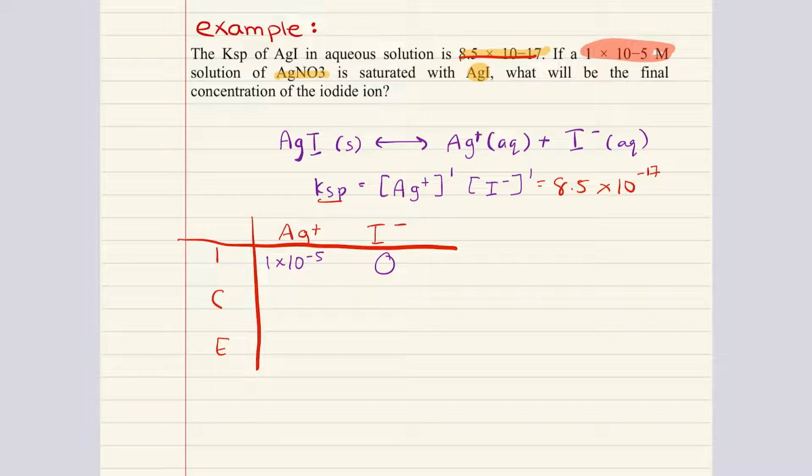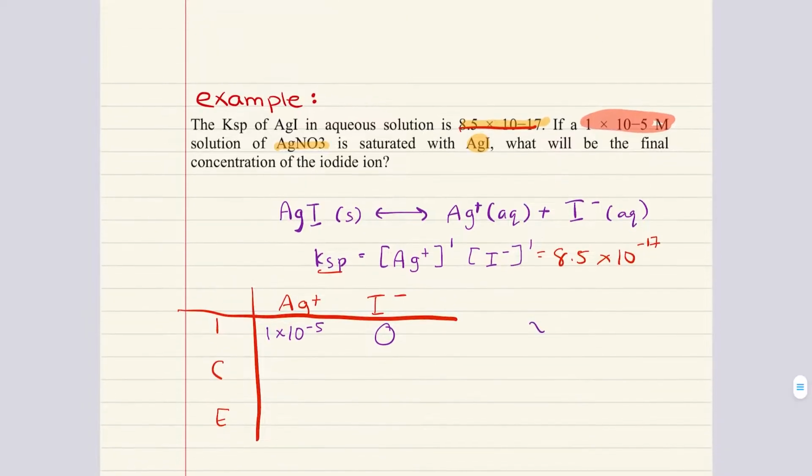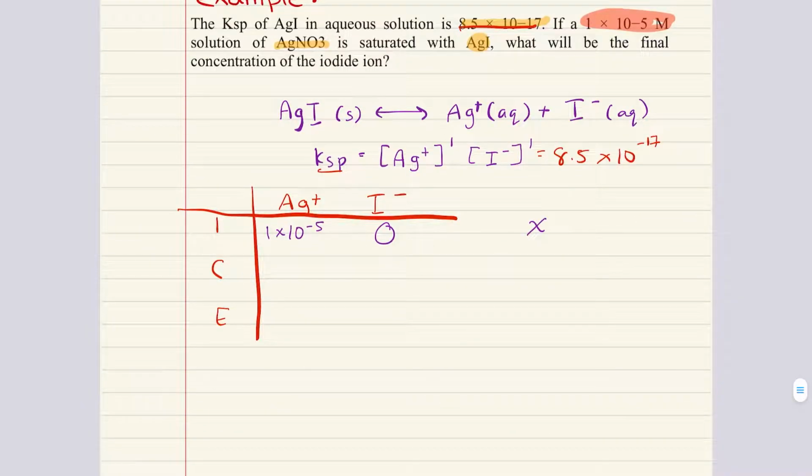Then what about the change? We're going to note our change using the variable x. And here we have a 1-to-1 ratio between the ions. So our change in concentration for silver is going to be plus x, and for iodide also going to be plus x. Our equilibrium concentration then for silver cations is 1 times 10 to the minus 5 plus x, and for iodide it's just x.